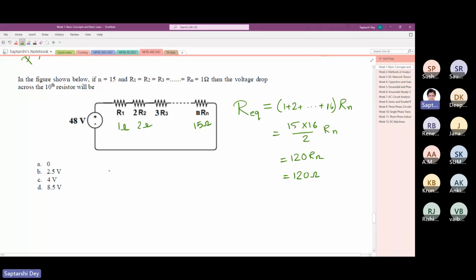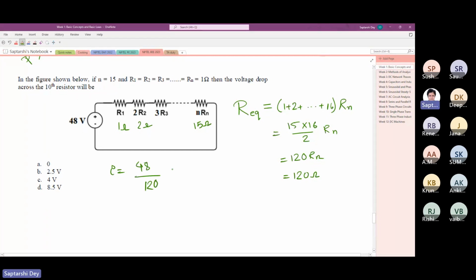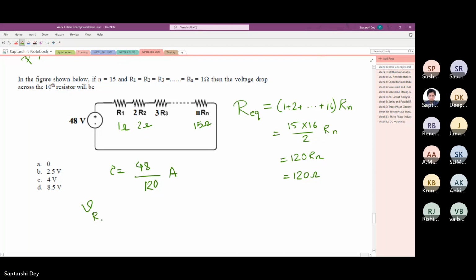So what is the current? Voltage across R10.